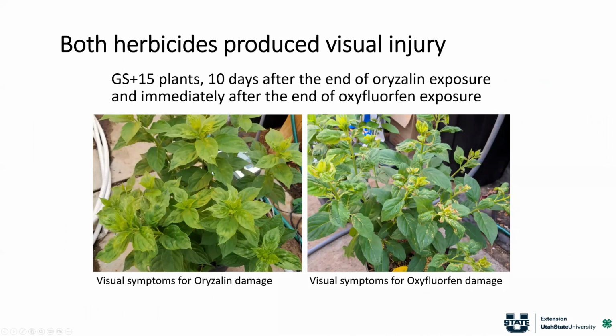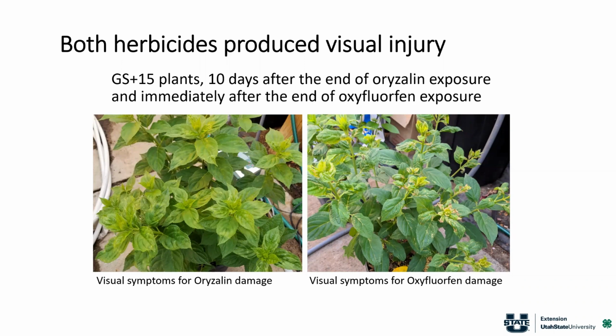These were the GS15 plants, meaning they received one application of oxyfluorfen or oryzalin 15 days after sprouting. These oryzalin plants are pictured 10 days after the exposure, but these are 1 day after exposure. So oryzalin produces its maximum damage after 10 days of application.